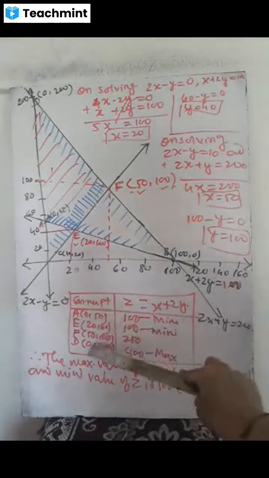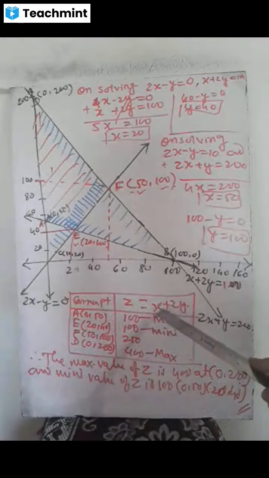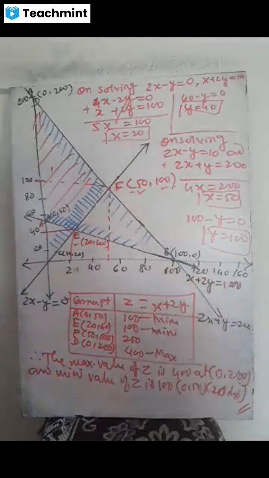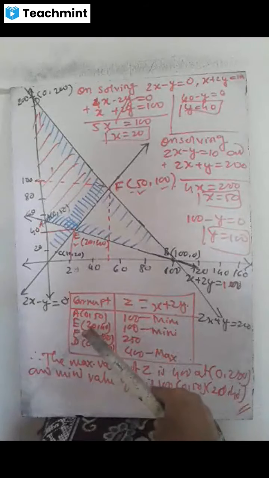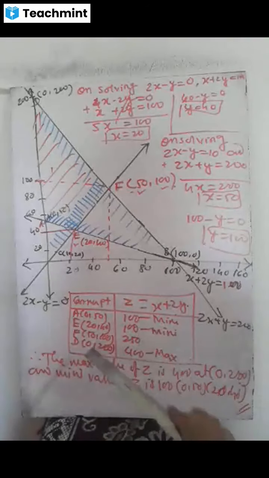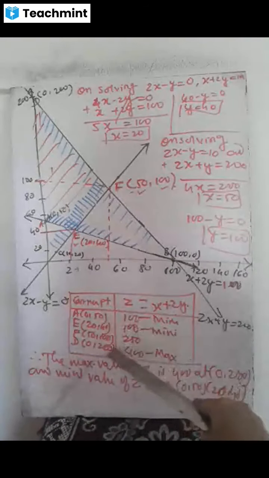Then putting all four corner points into z, which has the value x plus 2y, we got the value 100. Then 20, 40, we got again 100. Then 50, 100, putting this we got z as 250.